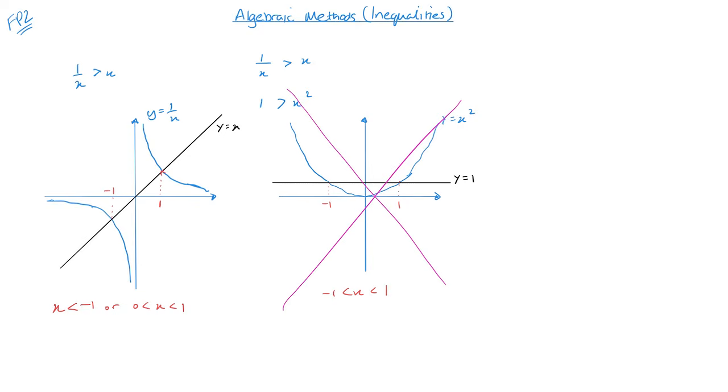So if I take 1 over x is greater than x, and multiply both sides by x squared, then that will cancel with that, so I'm left with x is greater than x cubed. And then I can take these to one side, or I could take it the other way.